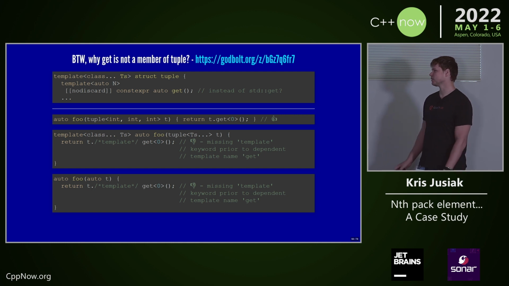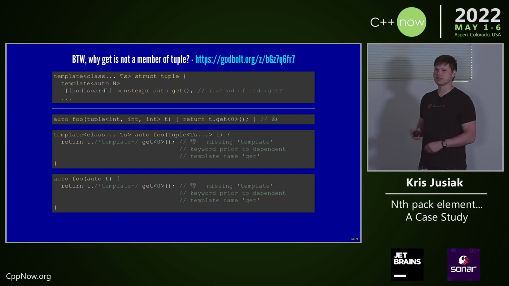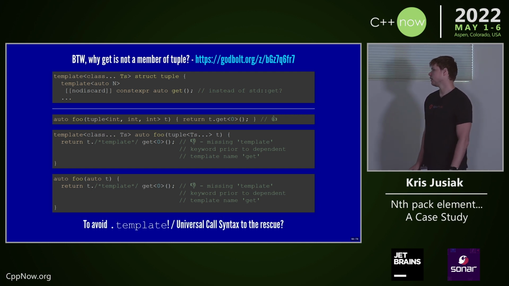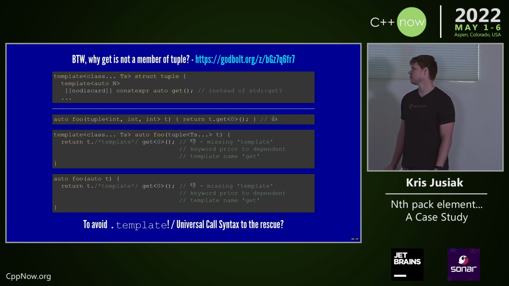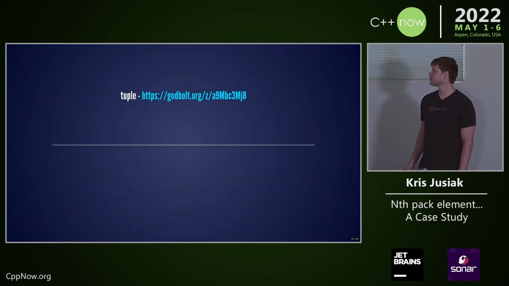Auto doesn't work as well because it's still dependent, so we cannot avoid it. So that's why we have std::get, for better or worse. I would claim that maybe universal syntax would be able to sort that, but maybe not. I don't know. But that's what we have at the moment.